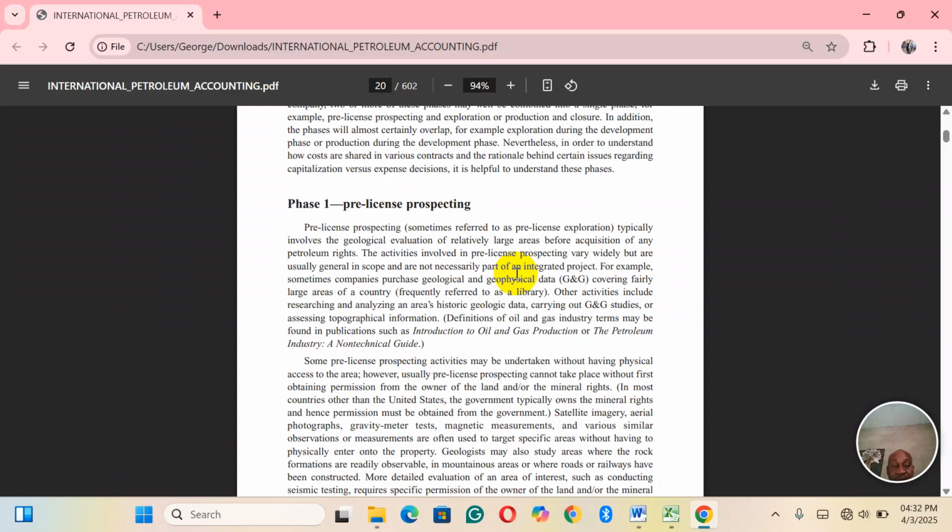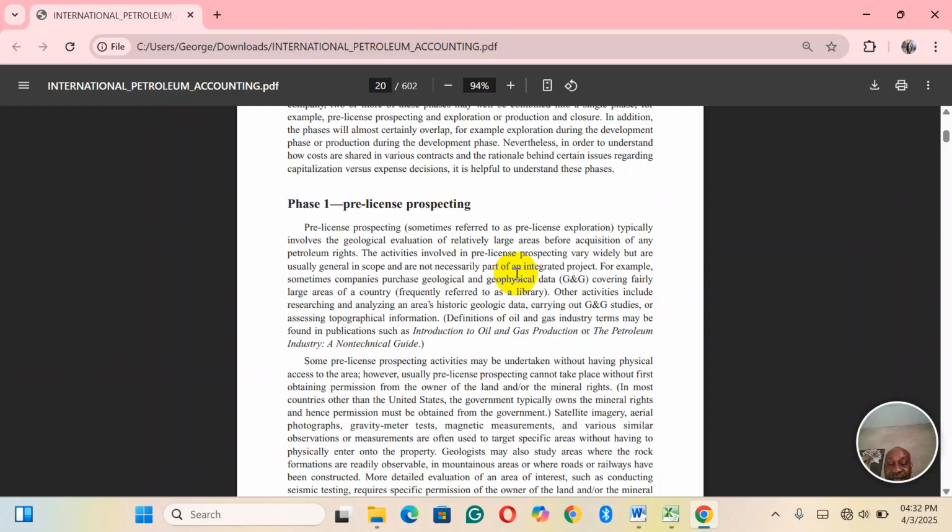For example, sometimes companies purchase geological and geophysical data, G and G, covering a fairly large area of a country, frequently referred to as a library.